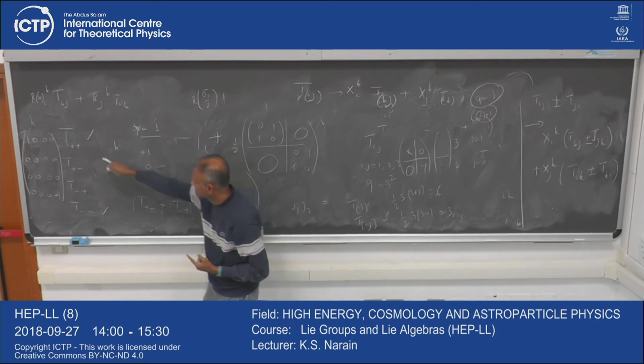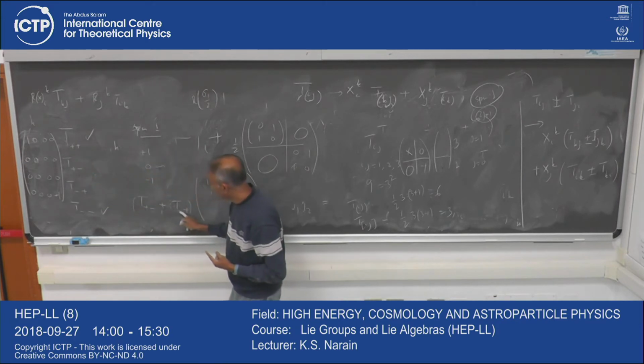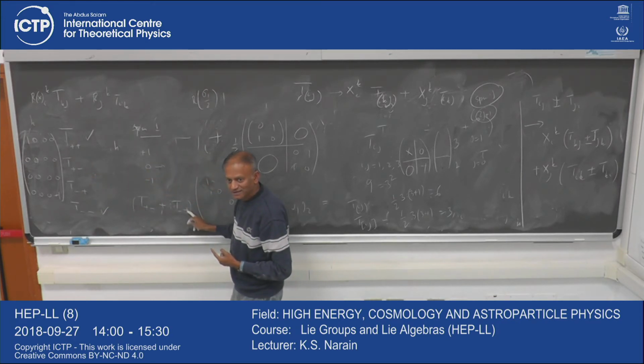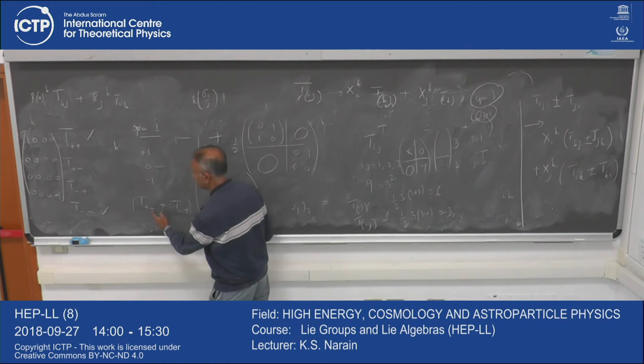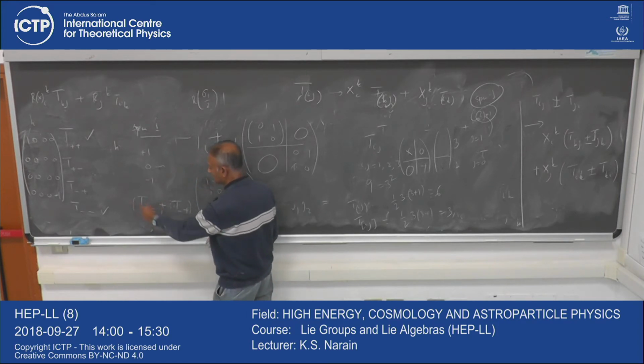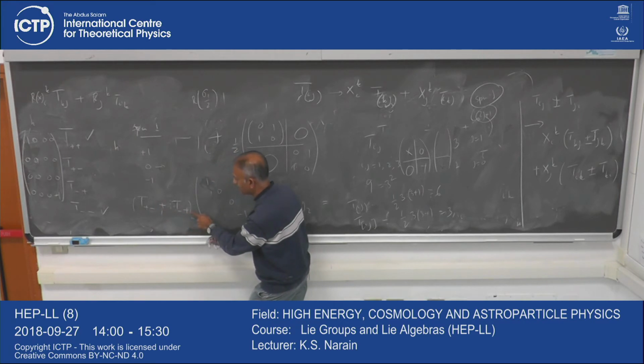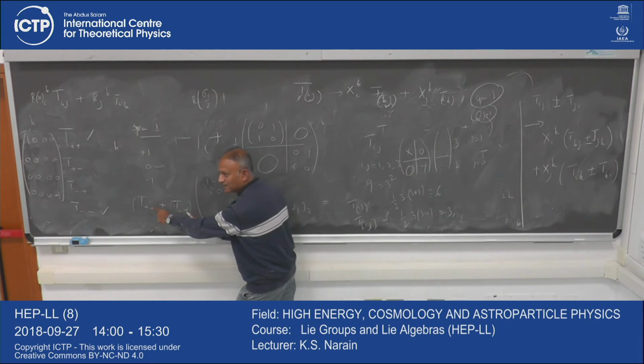So it will indeed go to t plus plus. But the same thing will happen with this one. This will also go to plus plus. Because the first index was annihilated, but sigma plus took the second index from minus to plus. Here, the second index is annihilated, but the first index goes from minus to plus. So both of them give t plus plus.